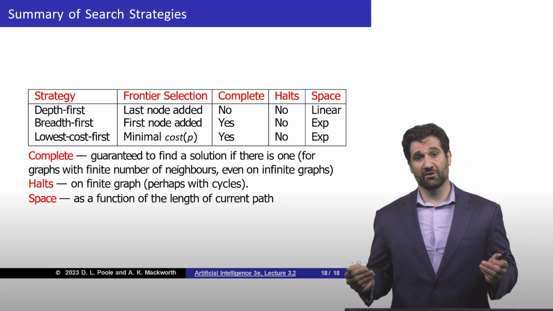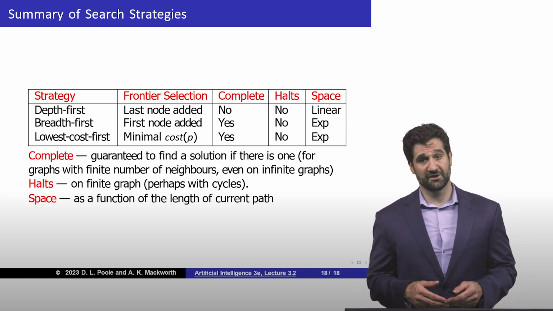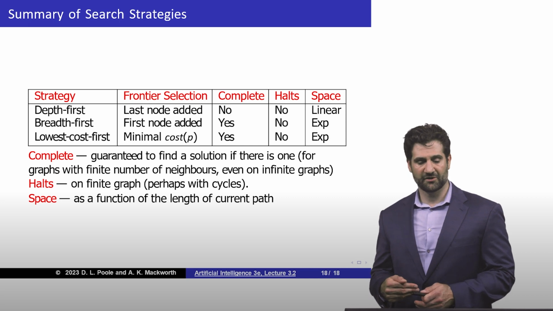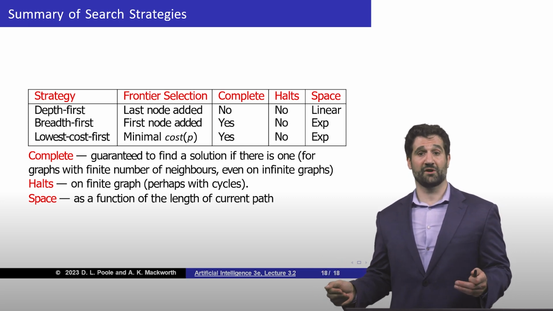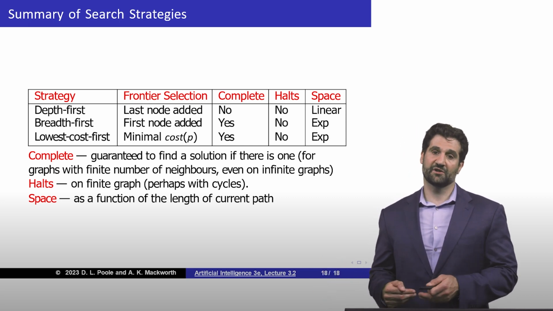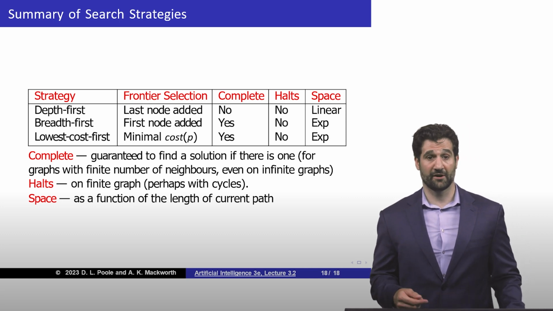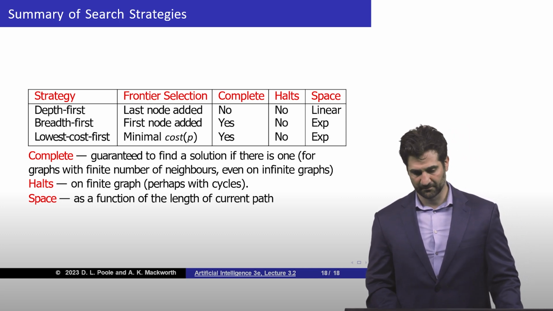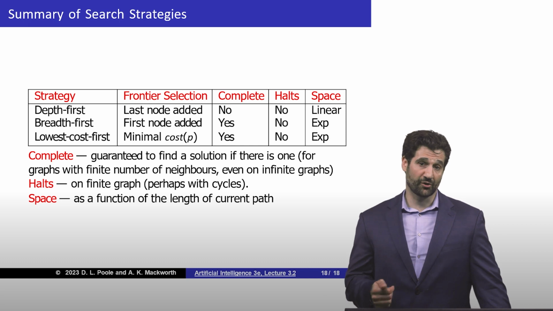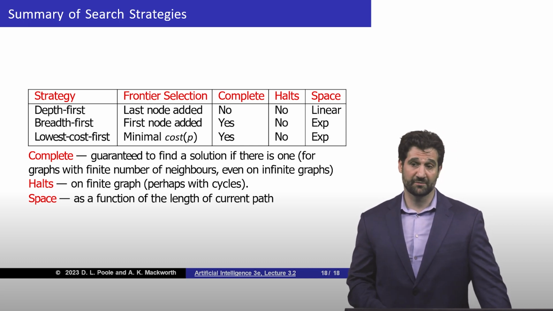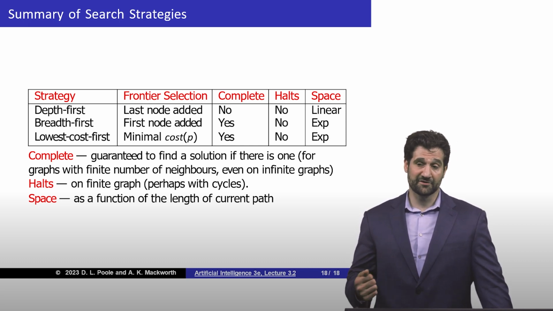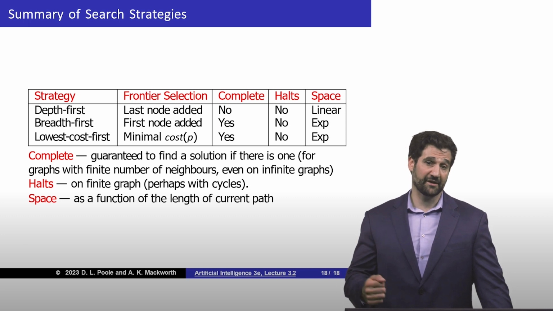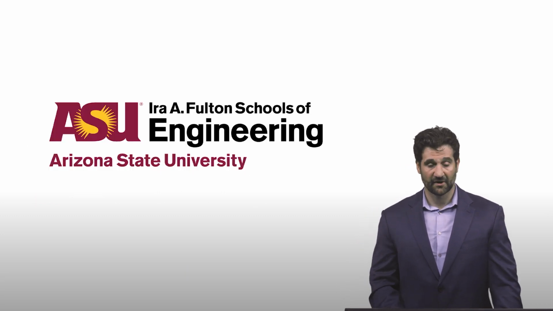However, they all could potentially have trouble halting, and they all have exponential runtime. Depth-first search is better on the space requirement because it's only linear space. So in future lectures, we're going to look at how to address these problems by leveraging additional information about the problem. Thank you again.